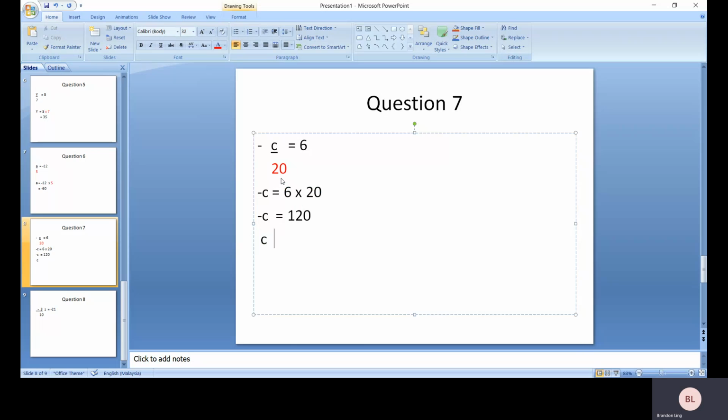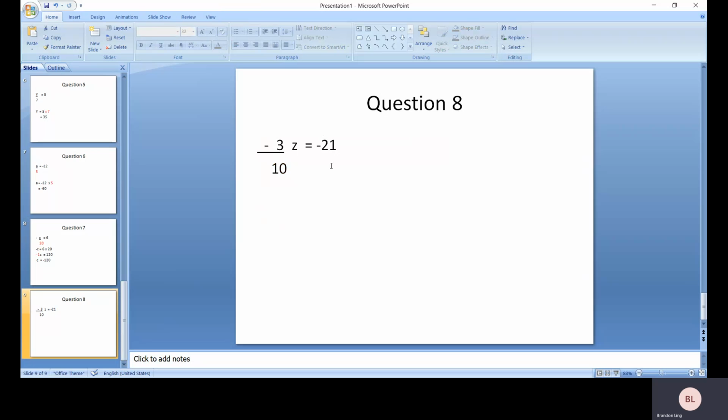The next action is you move this negative to the other side, therefore you get negative 120. This negative c is actually equivalent to negative 1c. So basically you are moving negative 1 to the other side, divided by negative 1. Therefore you get negative 120.